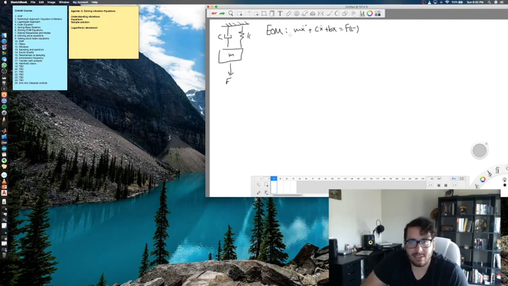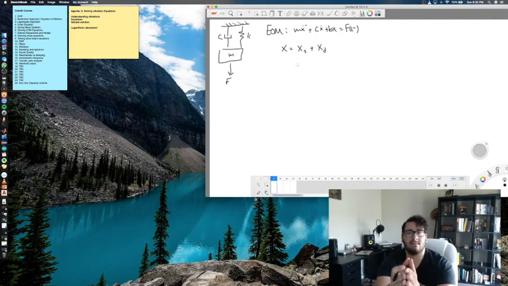We have an equation of motion for a 1 degree of freedom system, like this. So we can say x is actually 2 factors: there is some static x plus some dynamic x. The static x is the displacement needed for the system to get into static equilibrium.